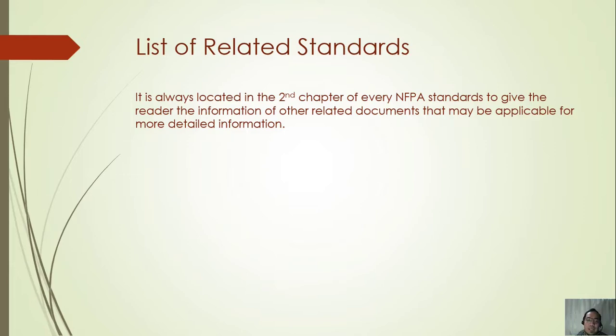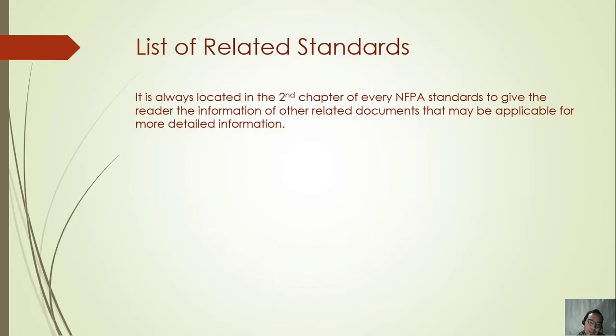And the second one is the reference, or the list of related standards. These are important also. Usually it's located in the second chapter of an NFPA standard, for the readers to see what other related documents you have to read.